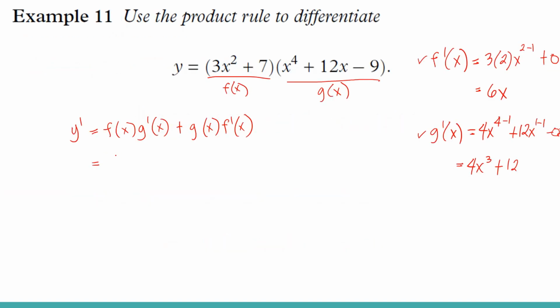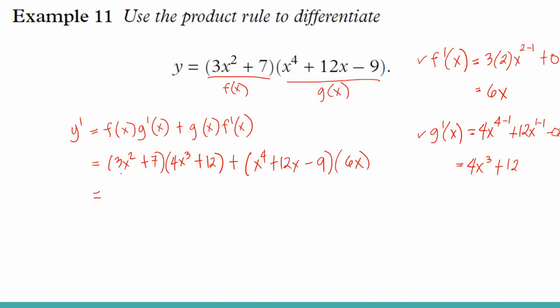Okay, we have the correct formula. f of x is 3x squared plus 7 times g prime of x, 4x cubed plus 12, plus g of x, x raised to the power of 4 plus 12x minus 9, times f prime of x, 6x.